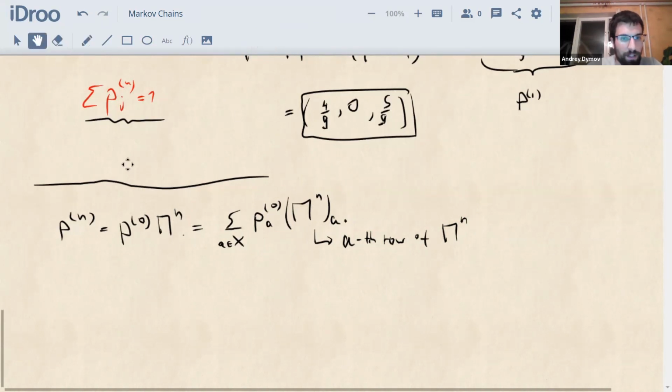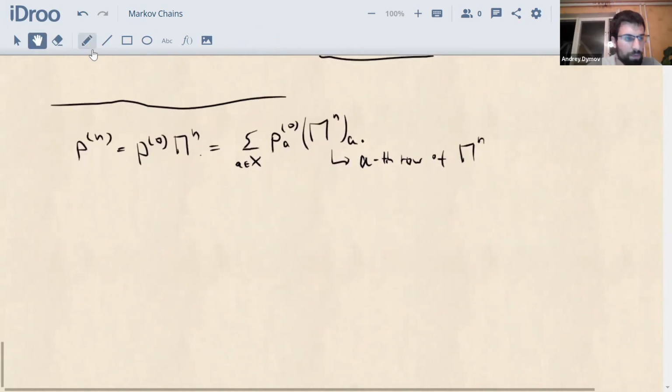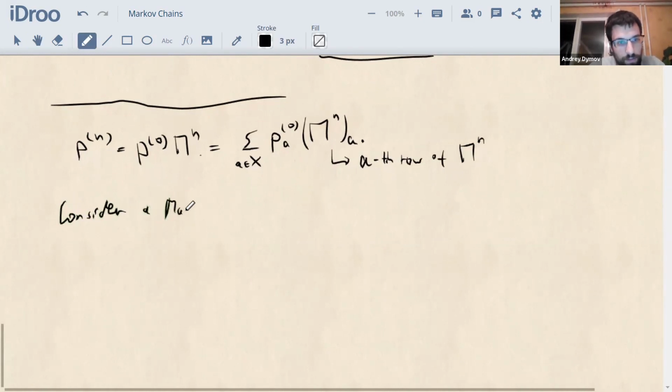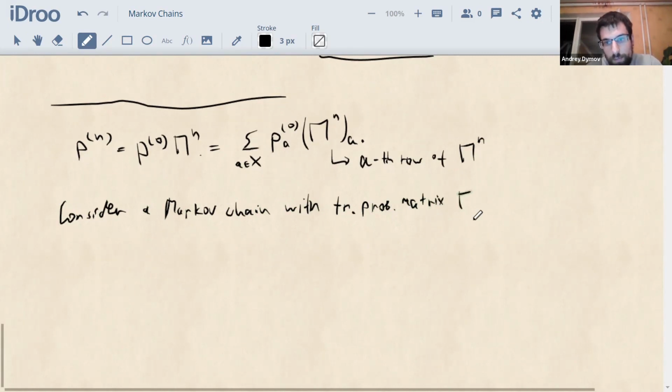Okay, so let us remember this, and let us consider a Markov chain with the same transition probability matrix P. Let me, to simplify my further life, write the transition probability matrix in the following short way.